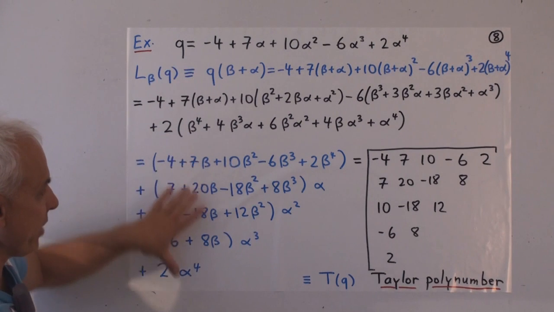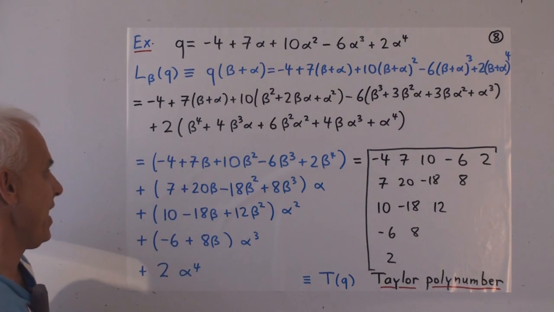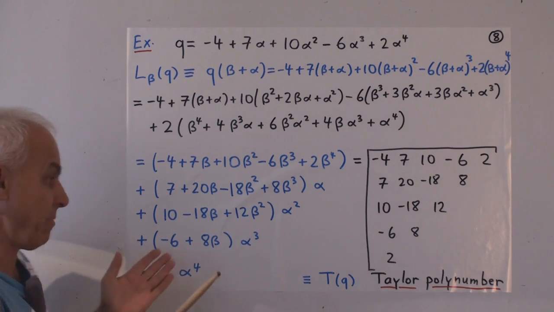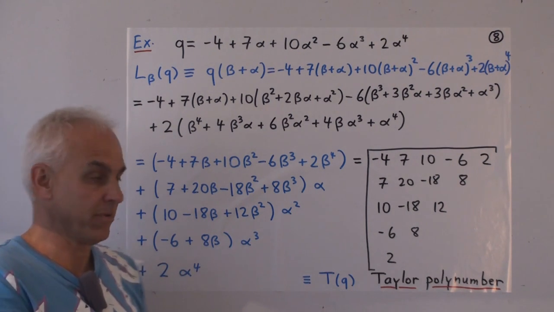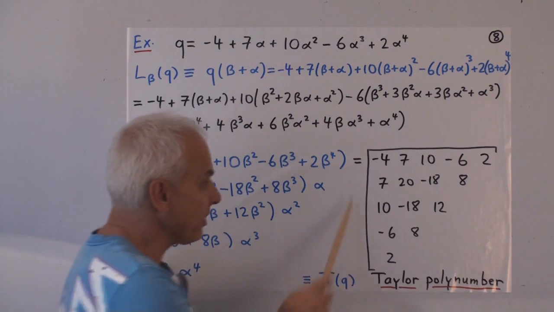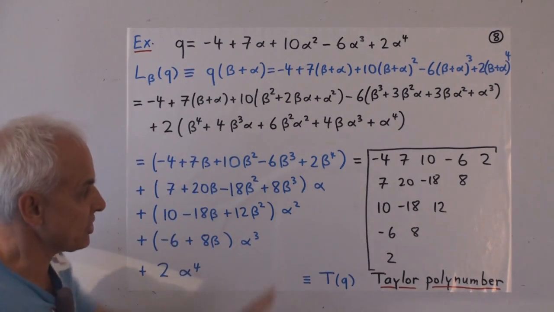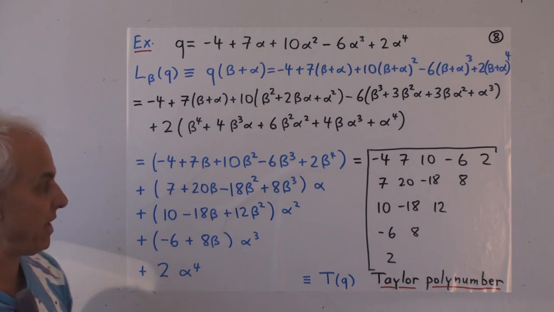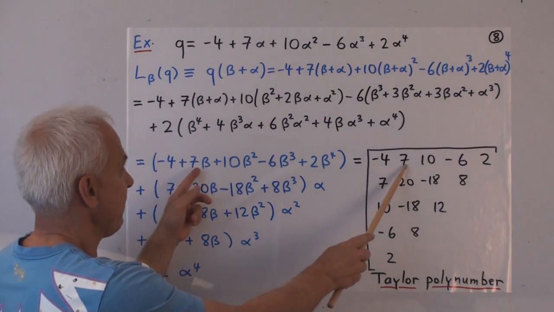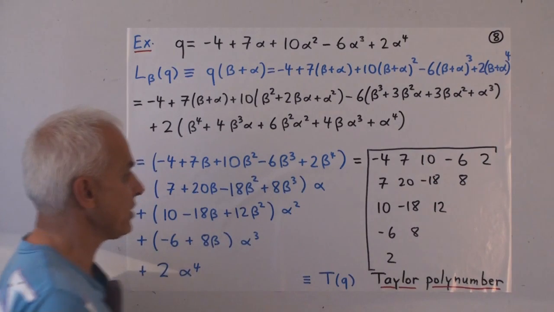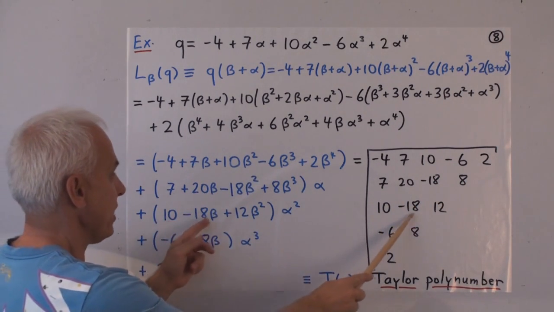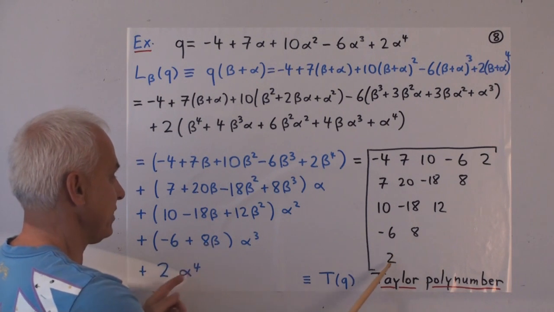So there's the full expression, and now we can associate to that the bipolynumber. It is a bipolynumber, and here is its array. Just the coefficients where we've dispensed with the alphas and betas. So minus 4, 7, 10, minus 6, 2 across that first row, then 7, 20, minus 18, 8, then 10, minus 18, 12, minus 6, 8, and 2.